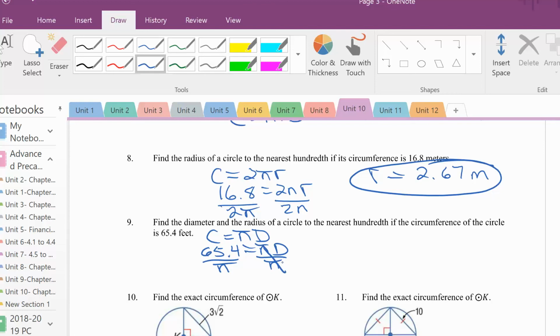And you get that it's 20.82 feet for the diameter. And then when you divide by 2, you get 10.41 feet for the radius.